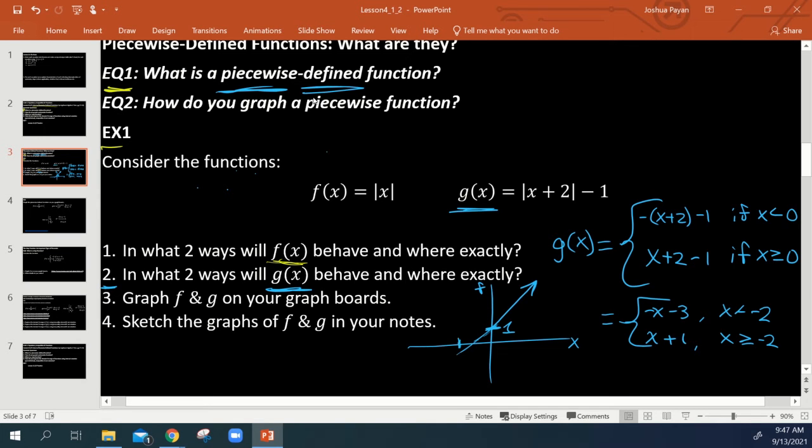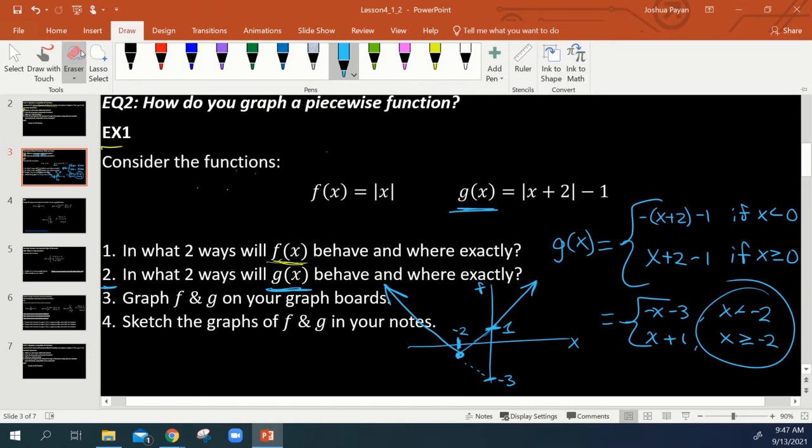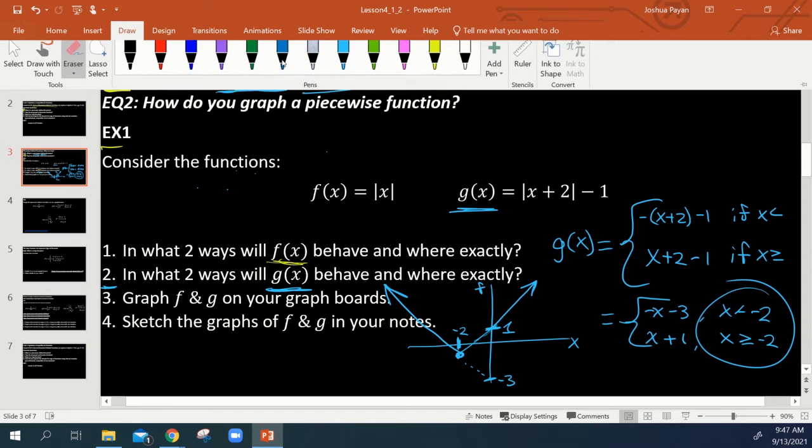Okay, so I'm going to be here at negative 2 for x, and then it behaves like y equals negative x. And if this was to continue, then it would come down here to negative 3, but it doesn't continue because we're splitting it accordingly. Okay, so this needs to become negative 2.